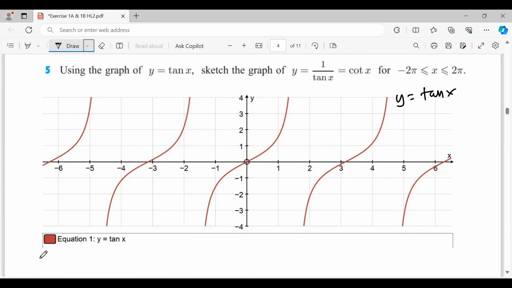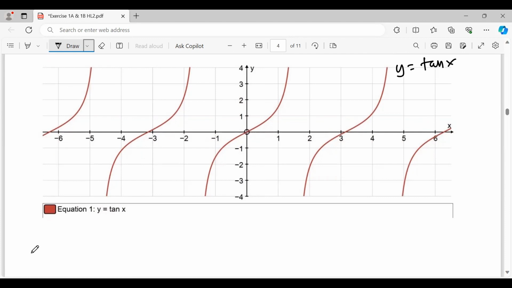For tangent x, if we calculate on the calculator, if tangent x equals 1, cotangent x as well equals 1.